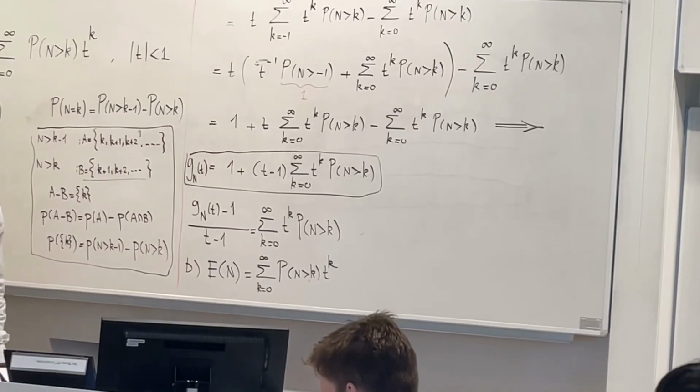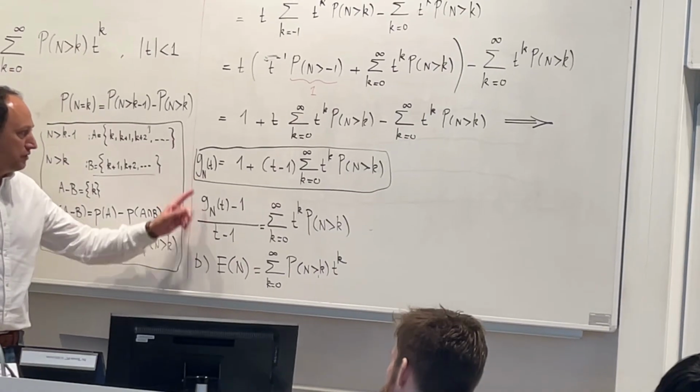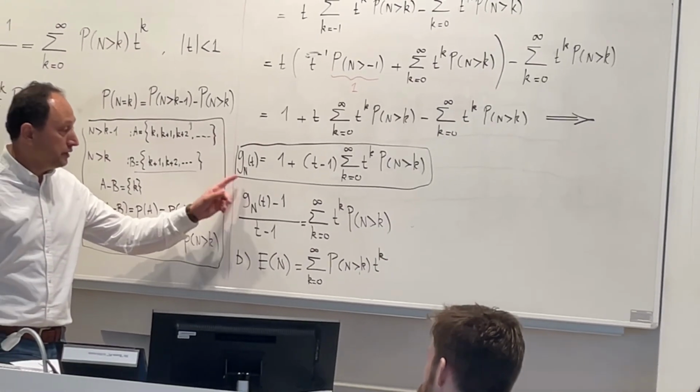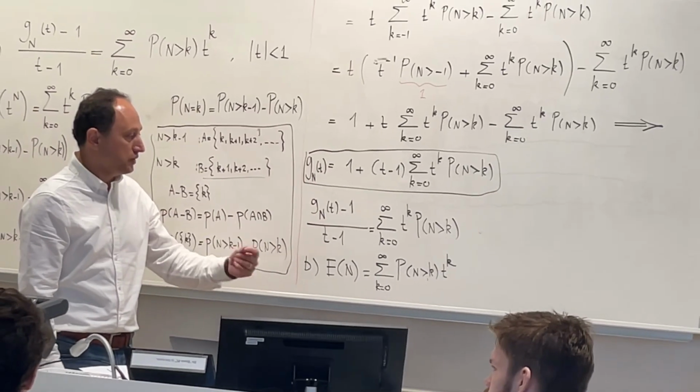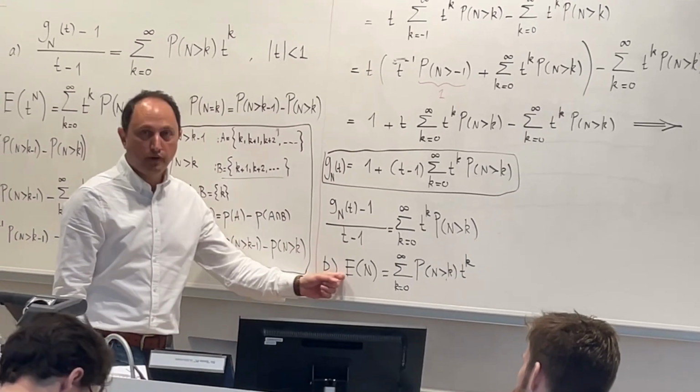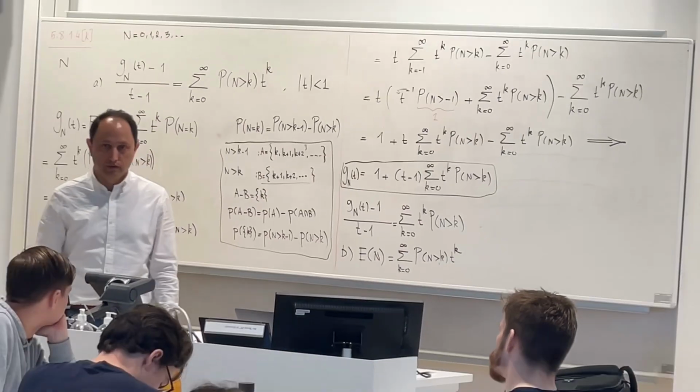And there is a theorem. If you have a probability generating function of a non-negative discrete random variable, how can I find the expectation value of it?